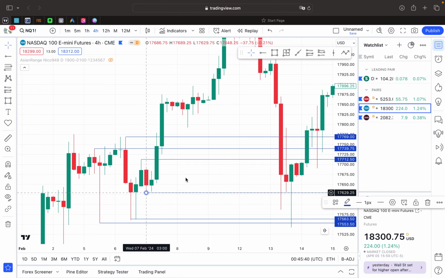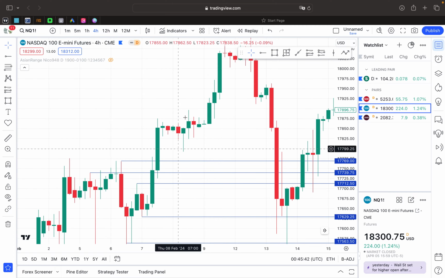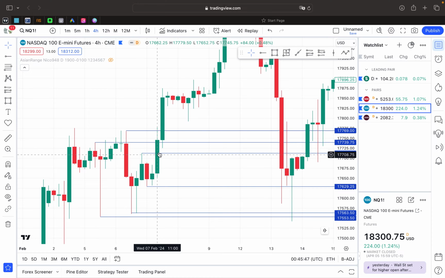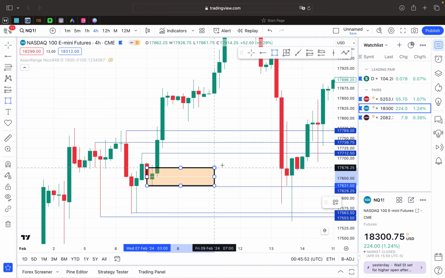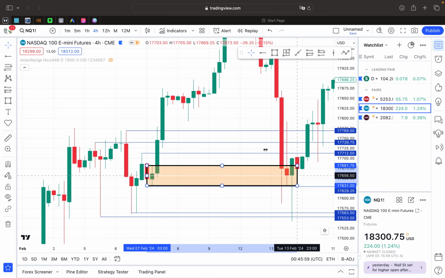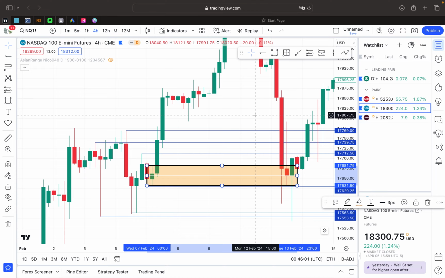If you're able to identify these areas, you're able to identify real break structures, which means you're able to find real areas of liquidity. We're going to get in depth into what liquidity is, because a lot of people get all of this mixed up about what liquidity is in general.